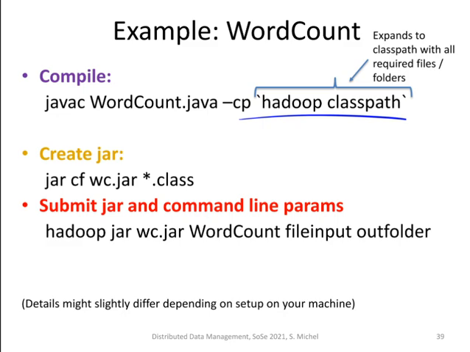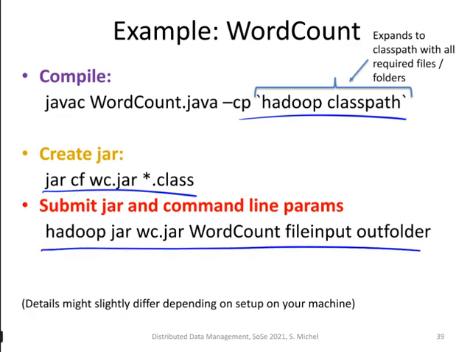You're creating a jar file out of the compiled classes, and then you're submitting this jar file to the Hadoop cluster by using the command hadoop, the option jar, and then the jar file, and then here's the name of the main class file, and here are input and output specified.